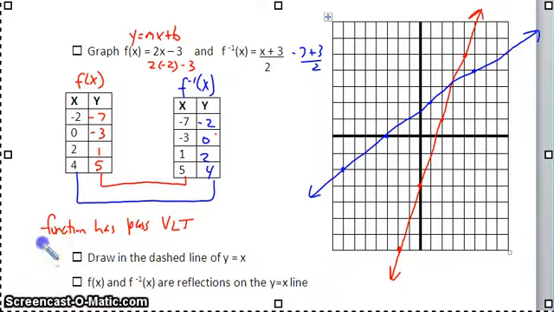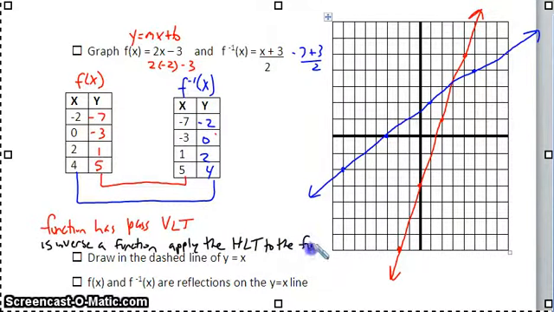So if I want to know, is the inverse a function, I will apply the horizontal line test to the function, not to the graph of the inverse.